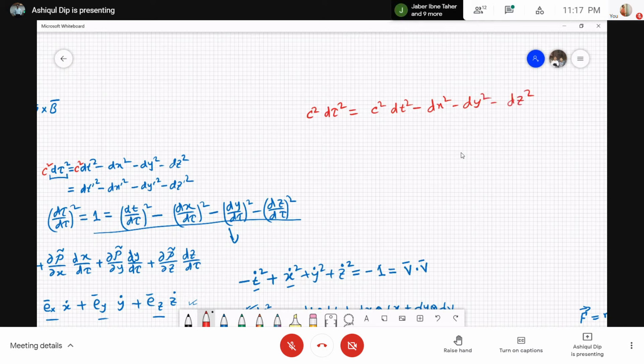So this d tau doesn't change. Now I'm using SI units. We'll talk about units in the next class, I believe. In that case, v dot v equals -c squared.